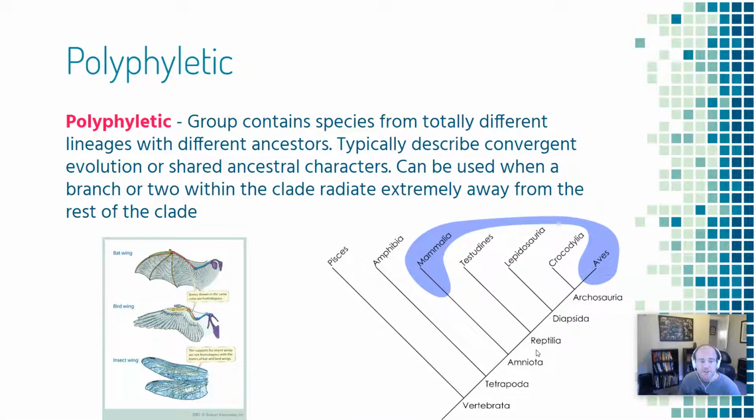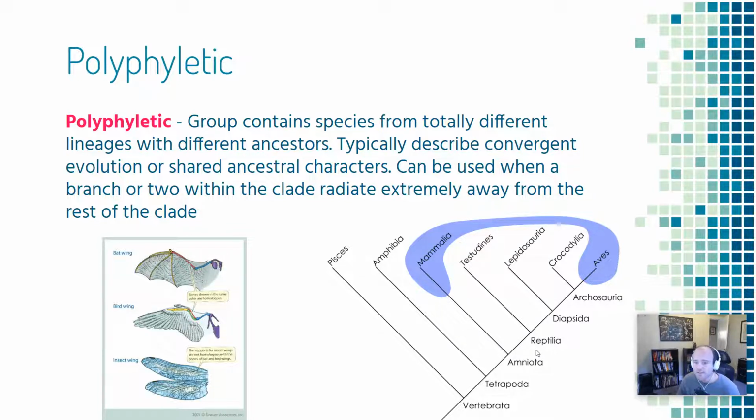Polyphyletic is going to be when we're talking about totally different lineages, or we have to go way far back to find a common ancestor, and there's going to be a lot of exclusions. So this isn't paraphyletic because we're not excluding one or two, we're excluding a lot here. So this is going to be used a lot with convergent evolution.